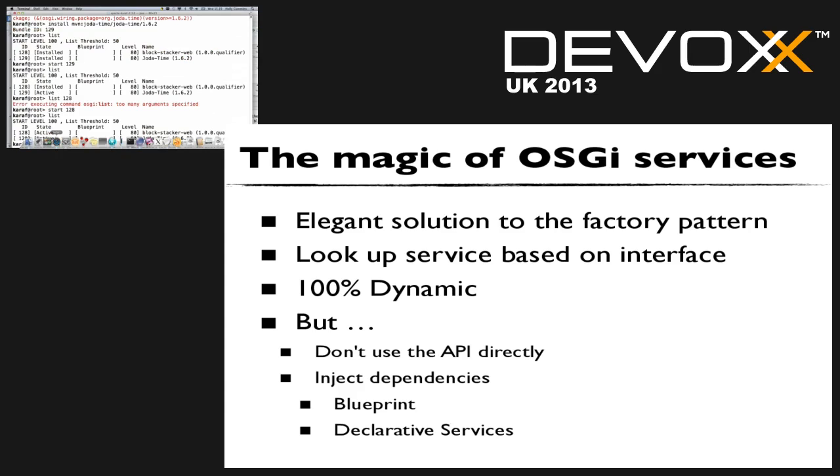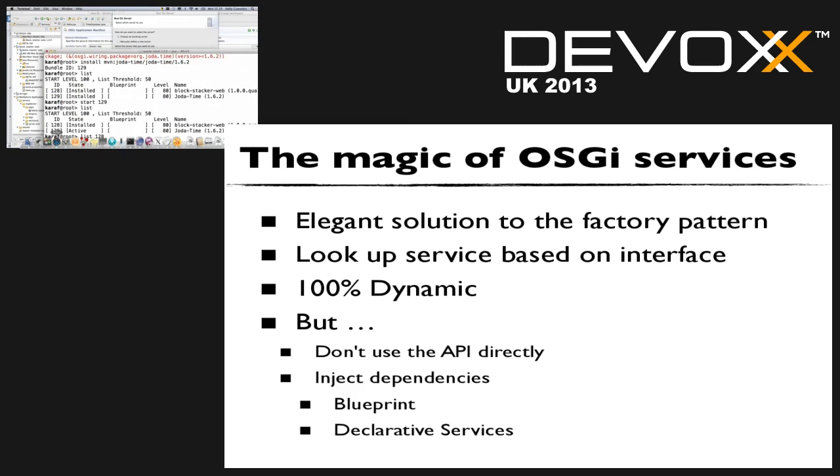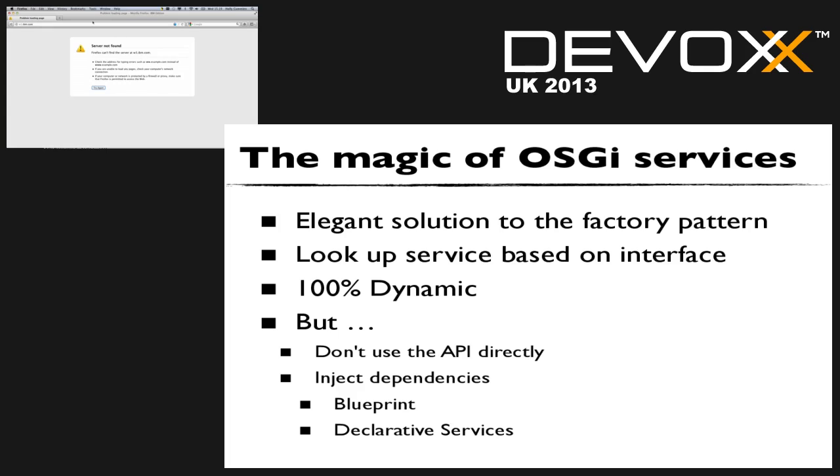So now, if I go to the web, if I go to Firefox, and if I go to localhost 8181 block, I think, yes, is it Blockstacker Web?